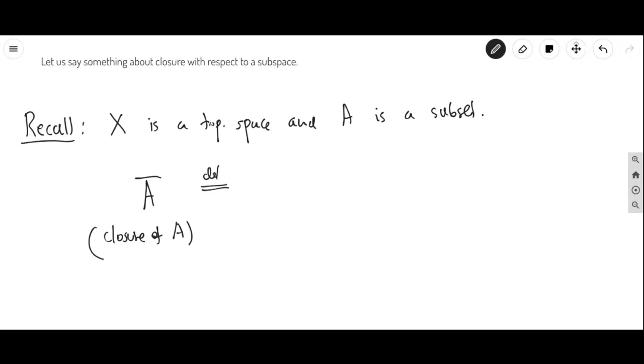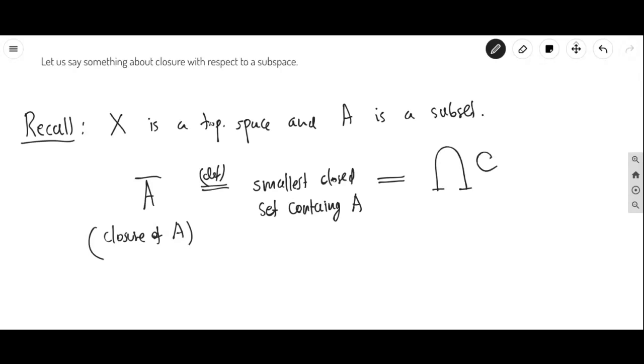The closure of A, by definition, it's called closure because of closed. This is the smallest closed set containing A. If you want to write it out, here's the way you do it. You're going to take the intersection, because you want to make it as small as possible, of C, where C contains A and C is closed.